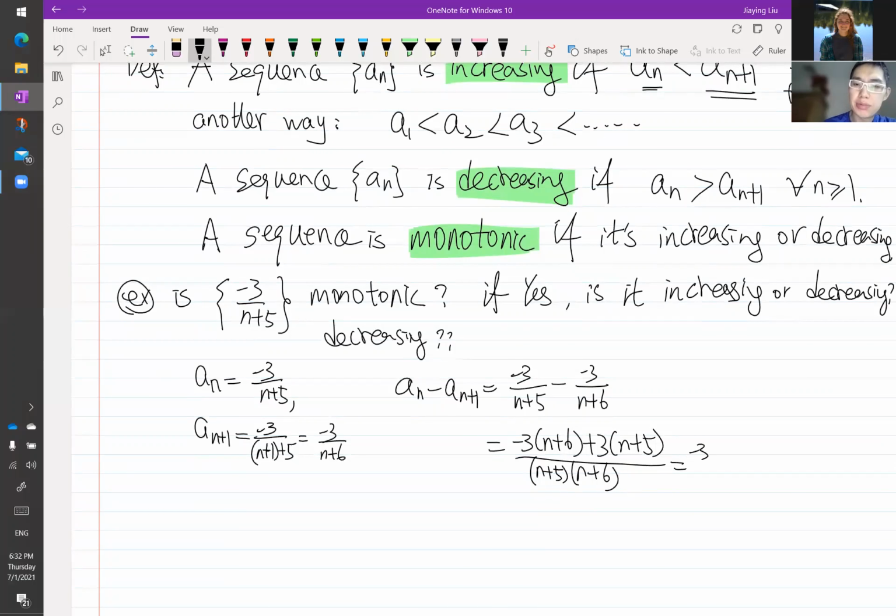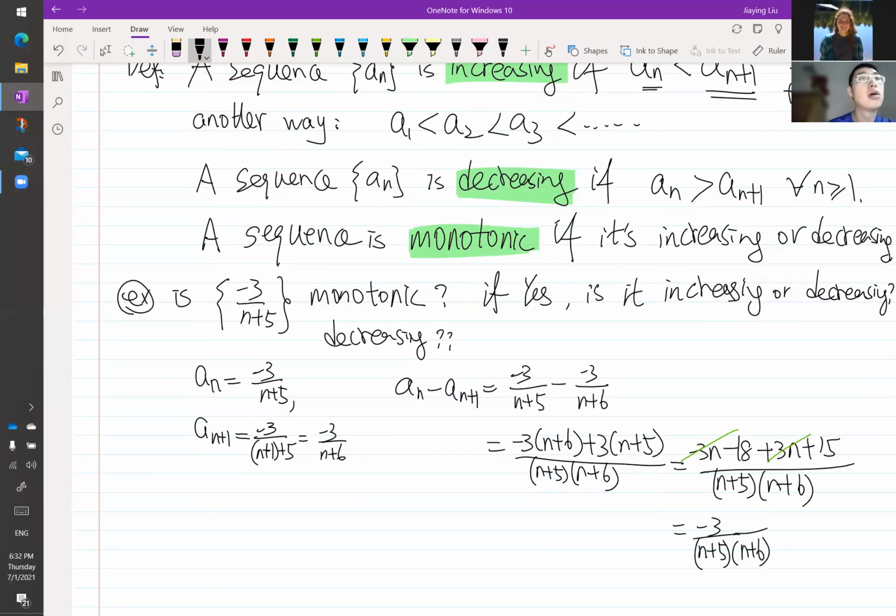So I get negative 3n minus 18 plus 3n plus 15, over n plus 5, n plus 6. And I'm going to cancel 3n in the numerator. I get negative 18 plus 15, so I end up with negative 3 over n plus 5 times n plus 6.